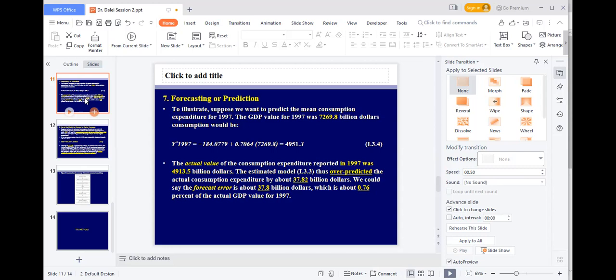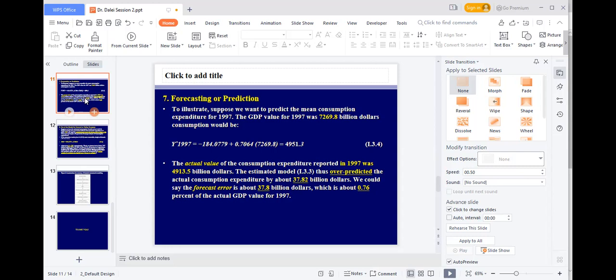So you got the average relationship between both variables. Using that, if the model is valid for the period up to 1995, then the same model will be valid for 1997. So simply you can use the income variable.